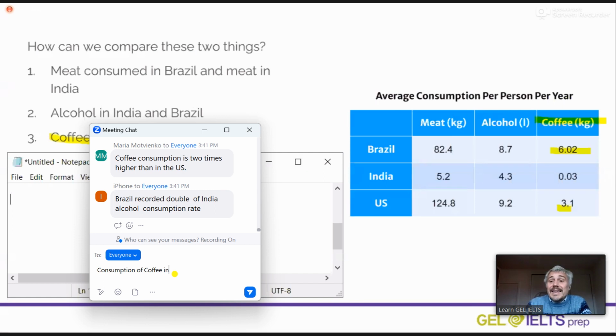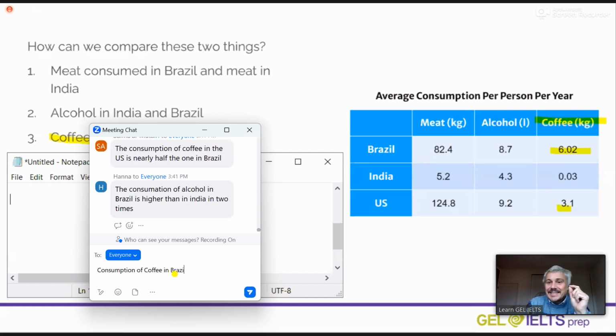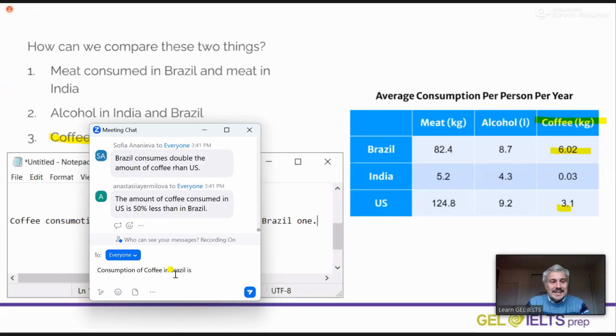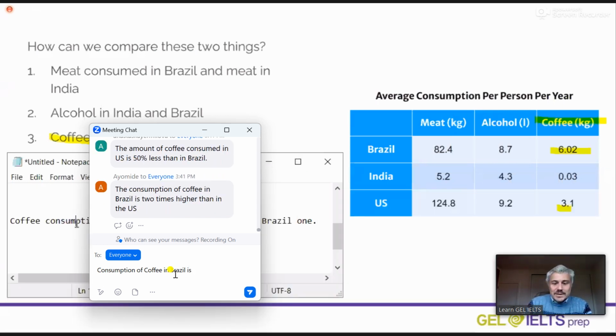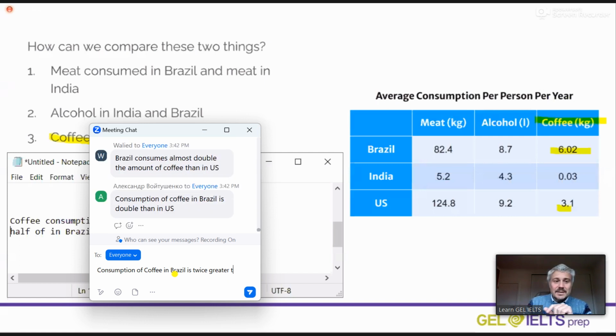Oh no, I like it. Now you've written a full sentence. I like it a lot. Very nice. Let me borrow your sentence for 1 second. Coffee consumption per capita in the US is half of in Brazil one. Almost a very good sentence.